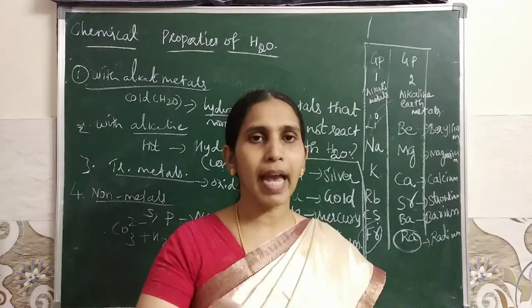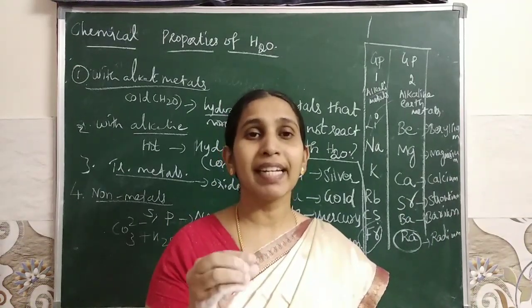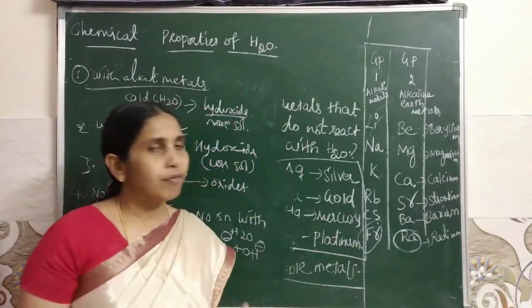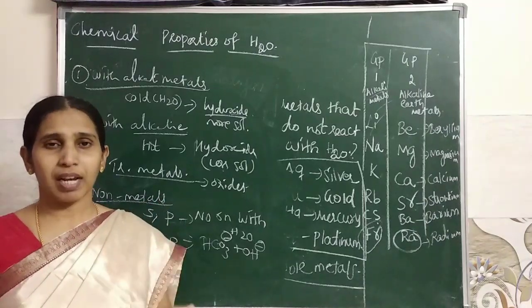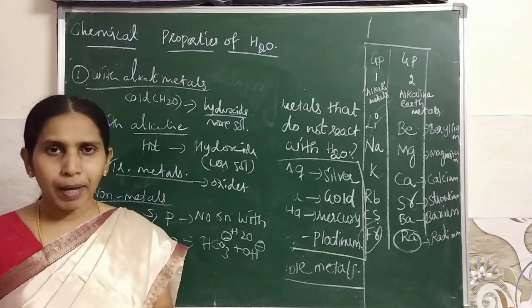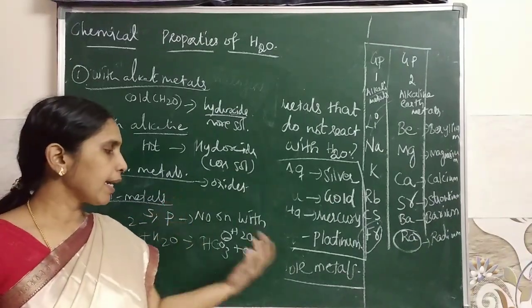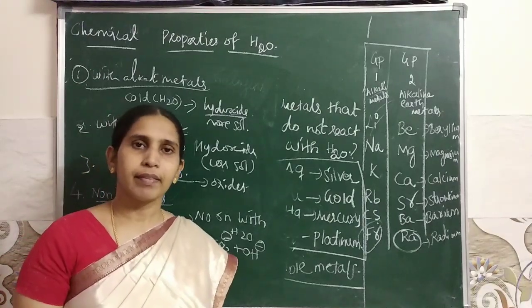Whenever water reacts with fluorine it forms hydrogen fluoride, that is HF. Okay. So in this video we saw uses of hydrogen, structure of water and ortho-para ratio, physical properties of water and chemical properties of water. Okay. Thank you students.